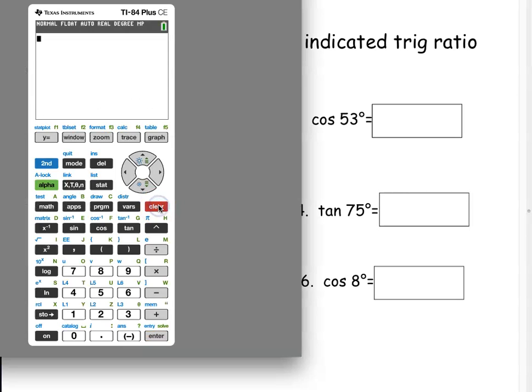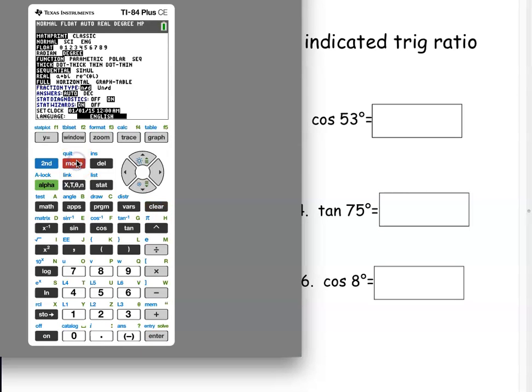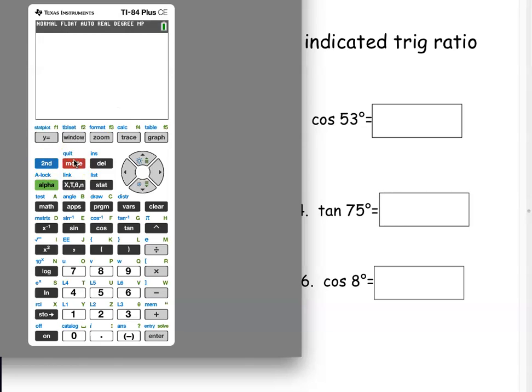All right, so let's go to mode. And about the 4th line down here, make sure degree is highlighted. All right, our trig functions are right here.